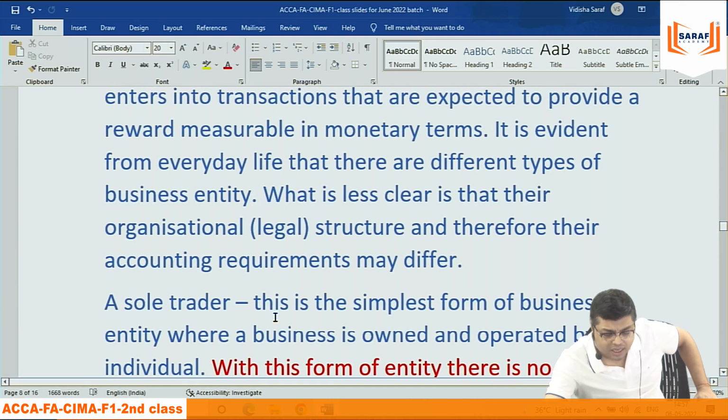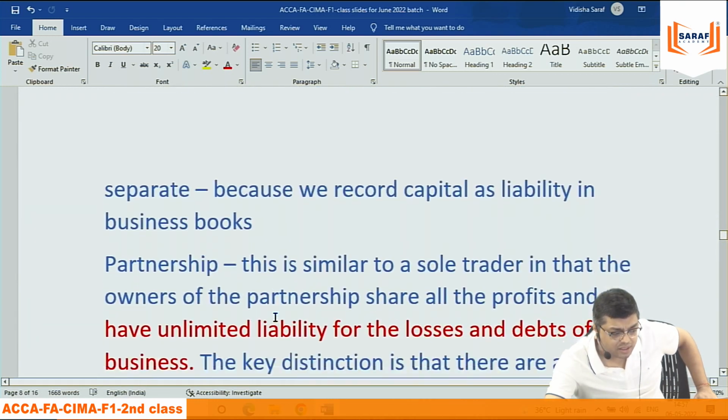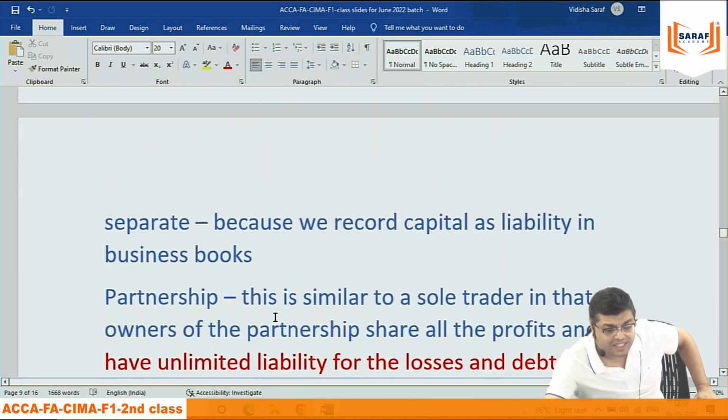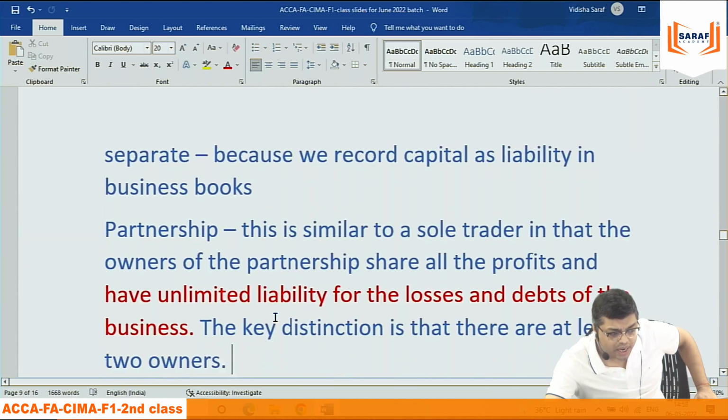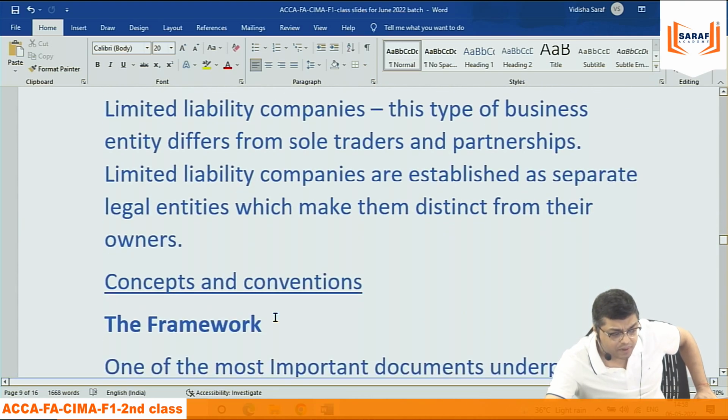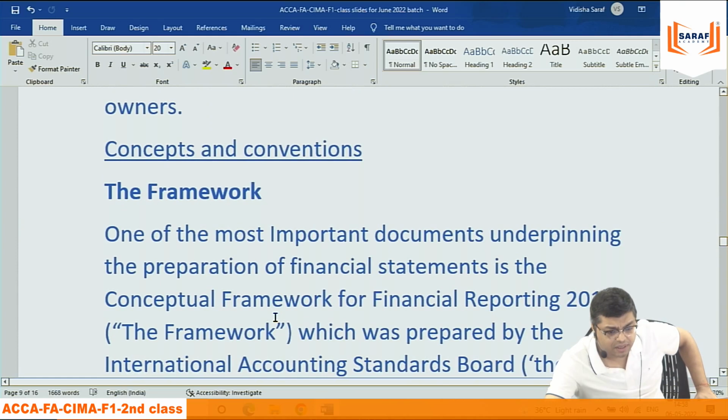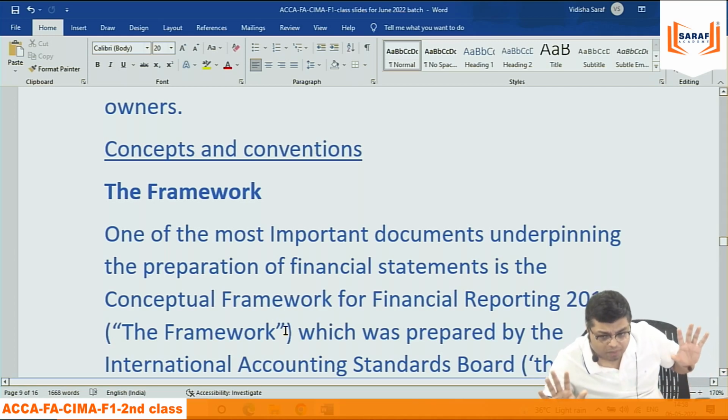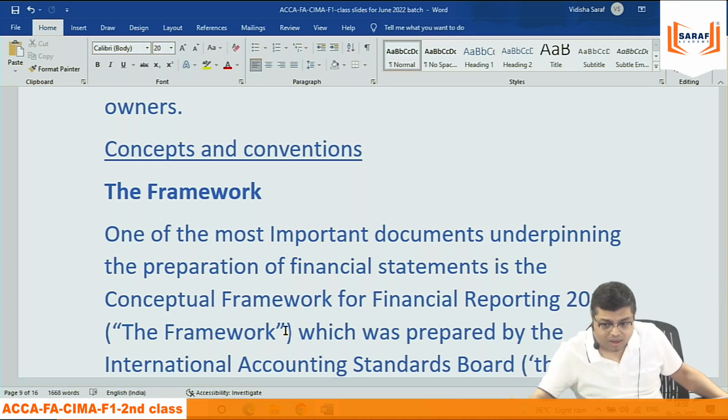The recording and summarizing of transactions depends upon the nature of the business entity, whether it's a sole trader, a partnership, or a limited liability company. Now, to record the transactions and to summarize, there should be principles, guidelines, boundary, framework.